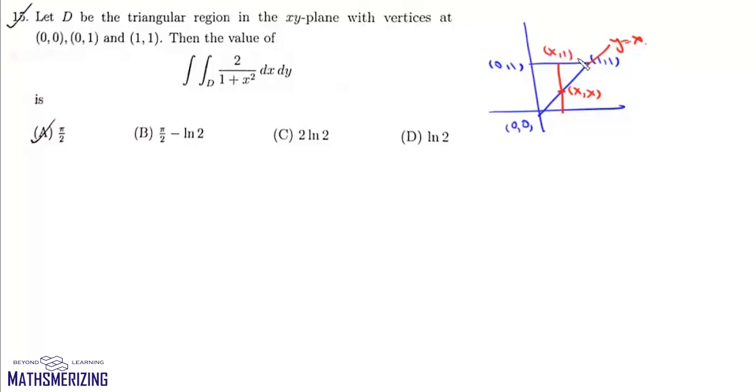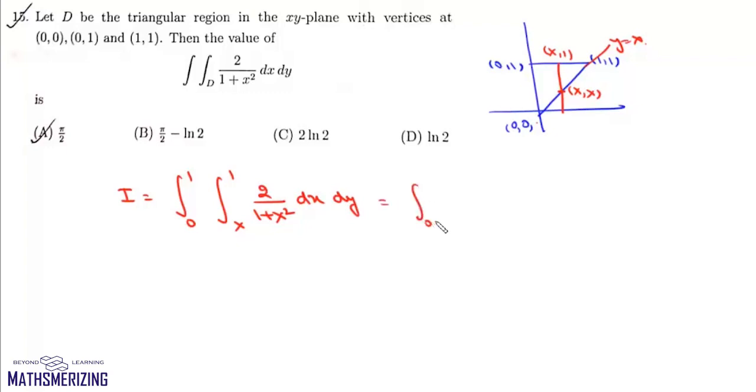(x, 1). So we can write this integral as this integral from 0 to 1, and then for y it will be from x to 1, 2 upon 1 plus x square dx into dy.